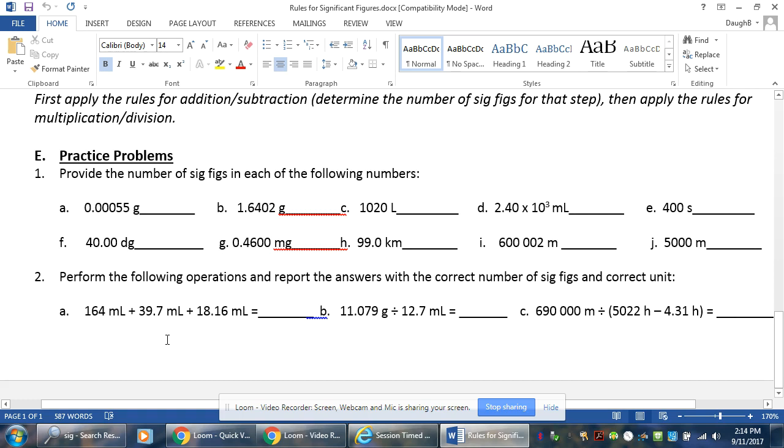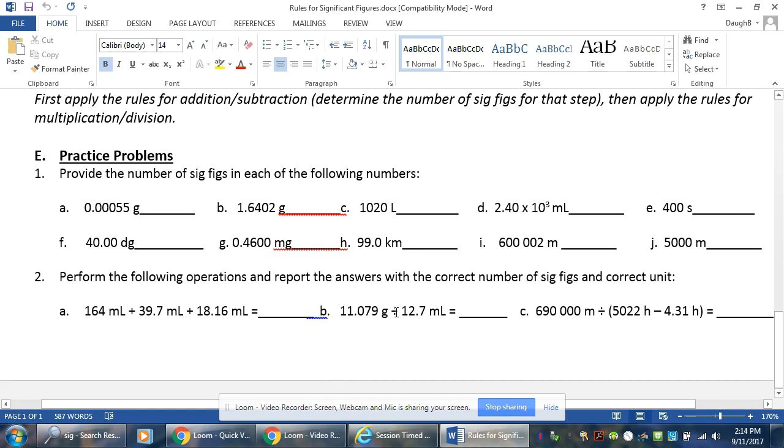You only go to the decimal place that is the least precise of your measurements. In this case, you have one number that goes 2 places behind the decimal. This one only goes 1. This one doesn't go behind the decimal. Therefore, this one's the least precise. So whatever your answer is, you are going to stop at the decimal point. You cannot go to the right of the decimal point, whatever your answer is.